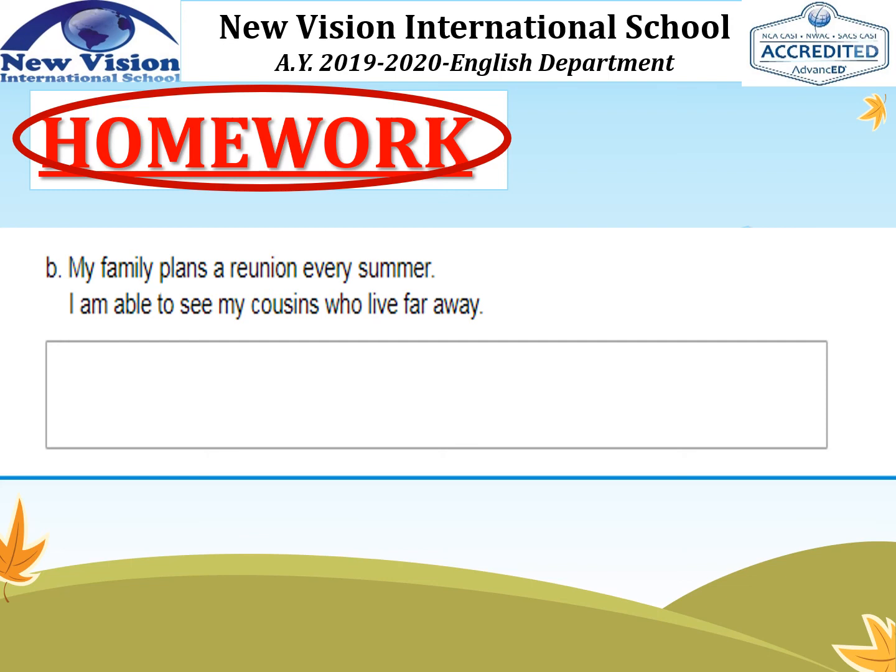Excellent. These sentences suggest a cause and effect relationship. Therefore, we are going to use what? Is it a transitional word or a transitional phrase? Good. It's a transitional phrase. So choose and complete your answer in your book.